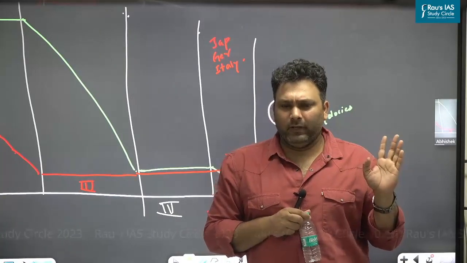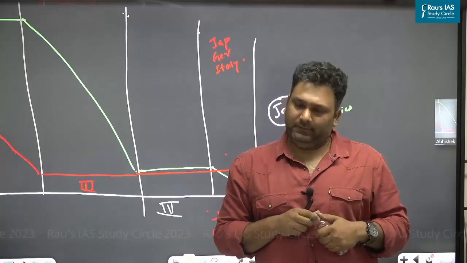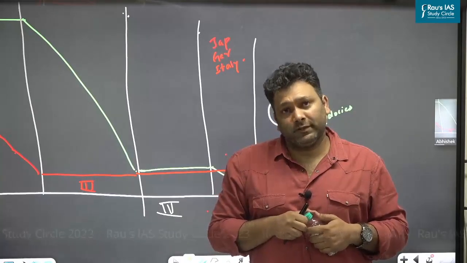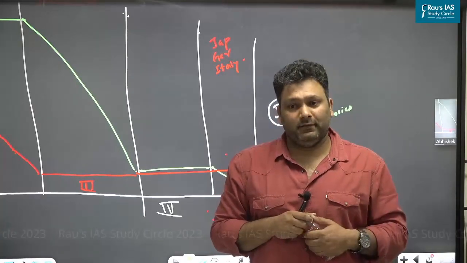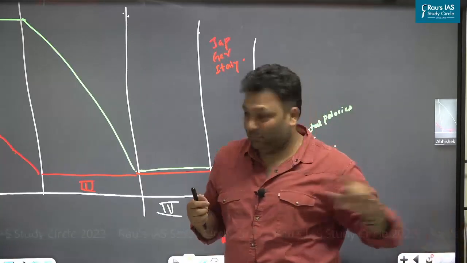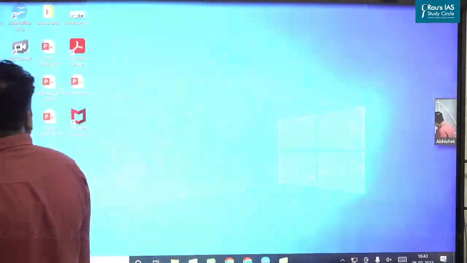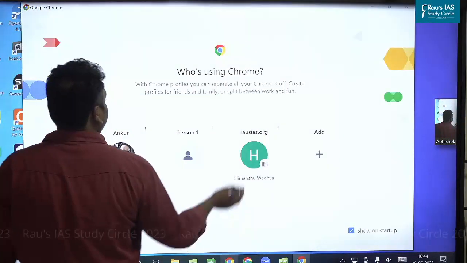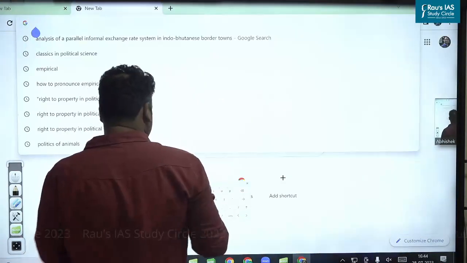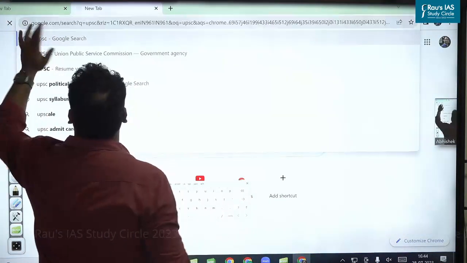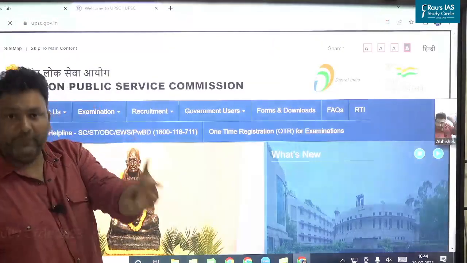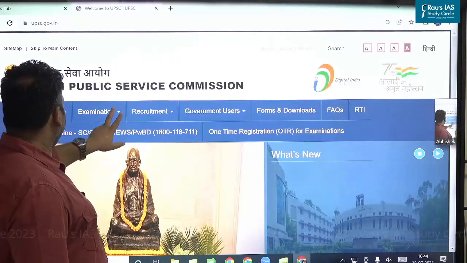And moreover, if you look at the UPSC question paper, with GS or optional, the majority of questions are critical in nature. I'll show you the question paper also. If you're taking the political science paper, political science itself is the criticism of the state, then UPSC should remove that optional.